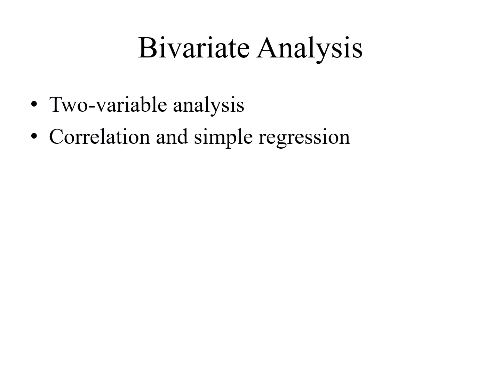Next, these are the tools which we can use to analyze the data. First one is bivariate. Bivariate involves two variables, where correlation and simple regression tests are used to analyze the data.